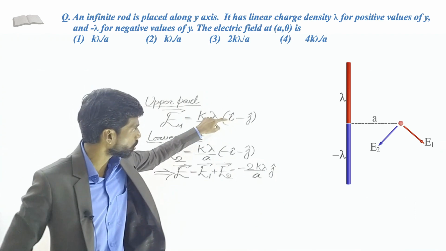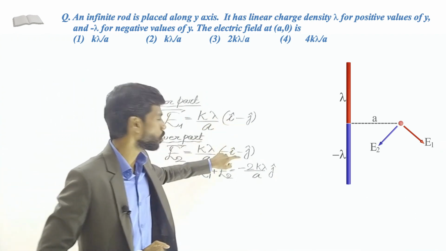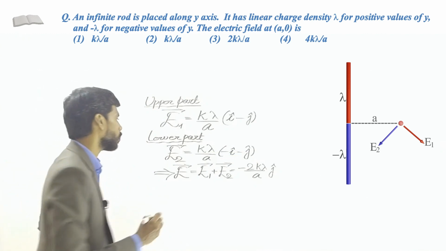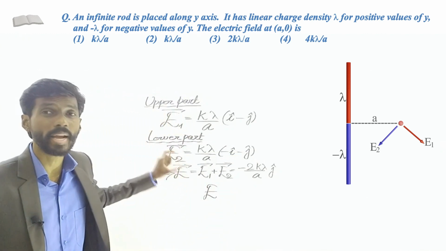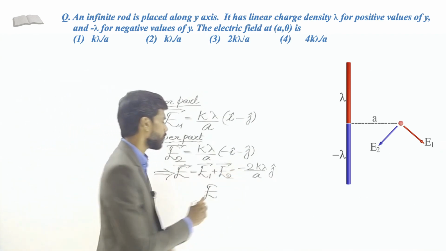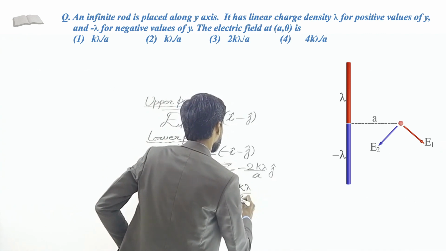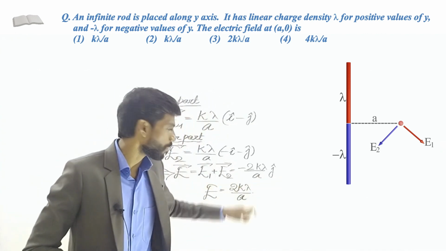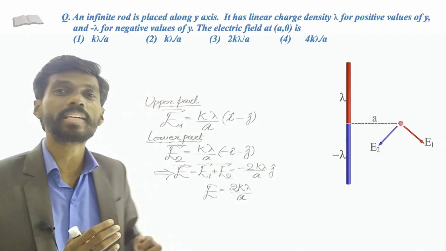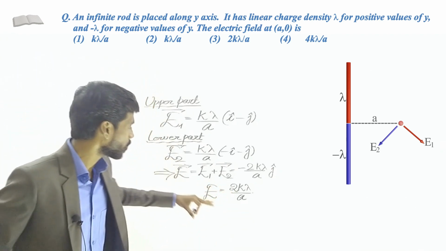If you simply add these two, i cap minus i cap get cancelled, and minus j cap twice gives 2 times minus j cap. So that's all. If you just need the electric field strength, that means only the magnitude, take the magnitude of this, which is simply 2k lambda divided by a. The magnitude of j cap is 1. So 2k lambda by a is the total electric field due to these two parts of the rod. Alright, so simple. That is the answer to the question.